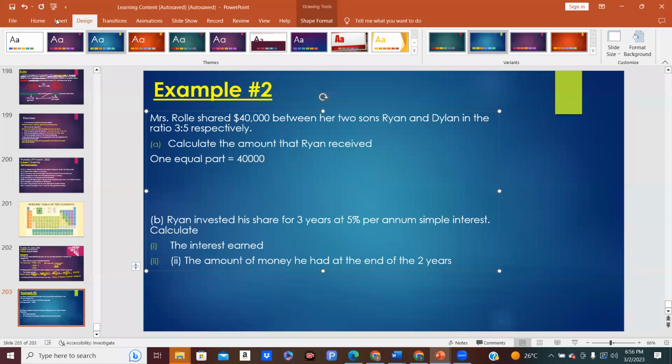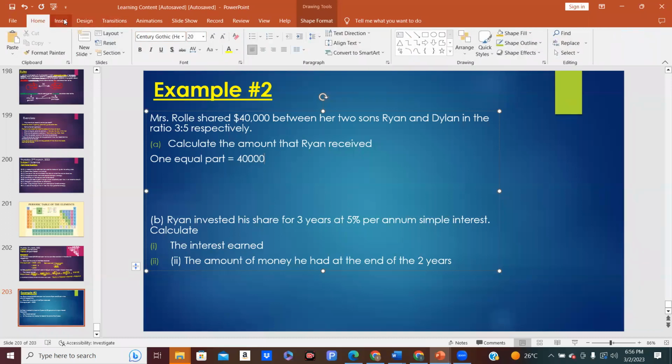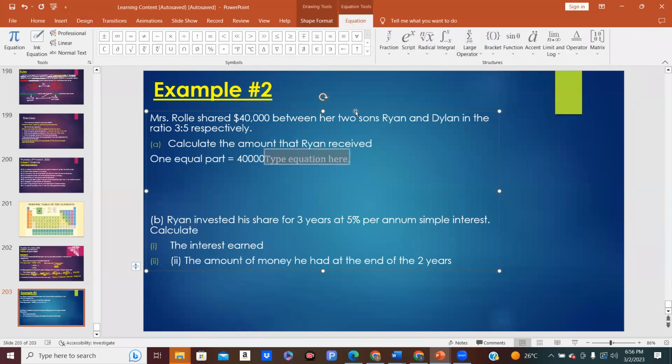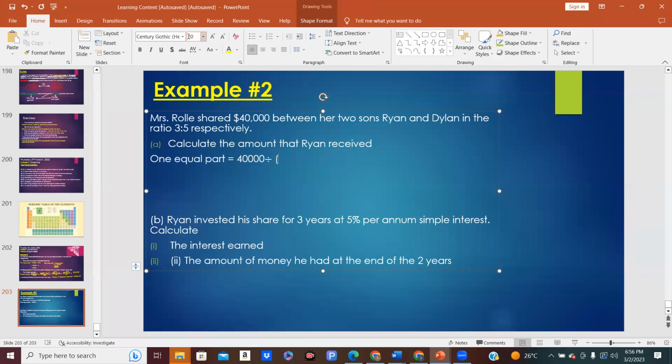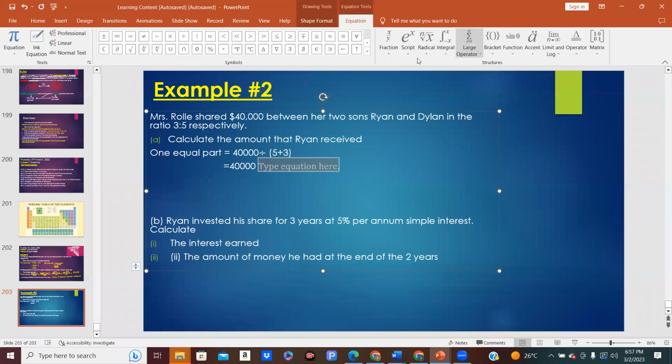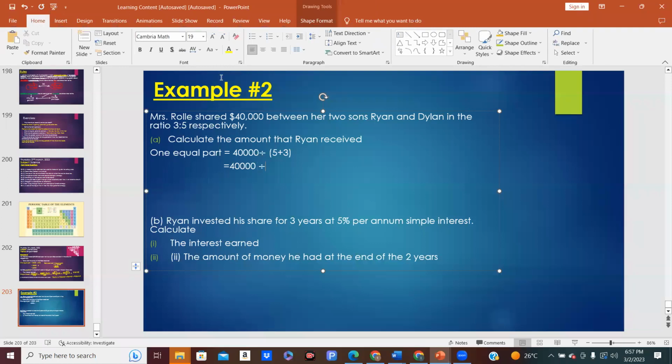So that's 40,000. We're going to divide it by the sum of 5 and 3, which is 8. What is 40,000 divided by 8?